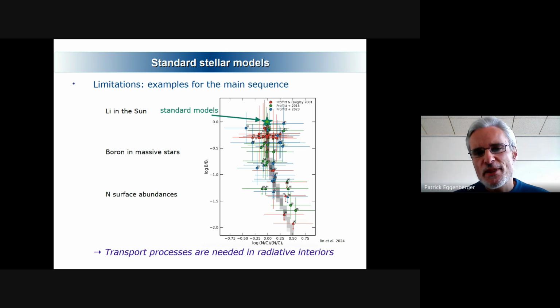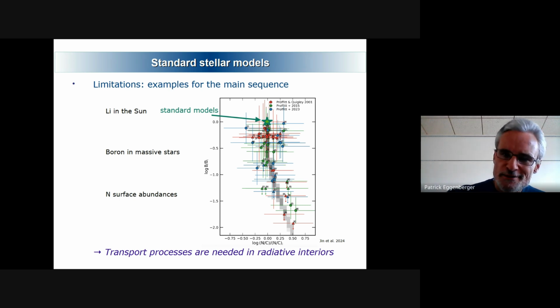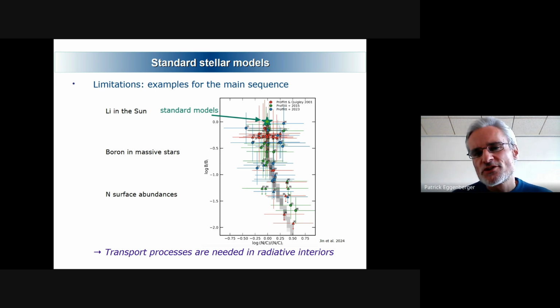So this means that you will have, of course, change in the chemical composition in the central part of the star due to the nuclear reaction, but you do not expect to see at the surface of these stars the consequences of this change in abundances due to the nuclear reaction, and for the massive star in particular, the CNO cycle.